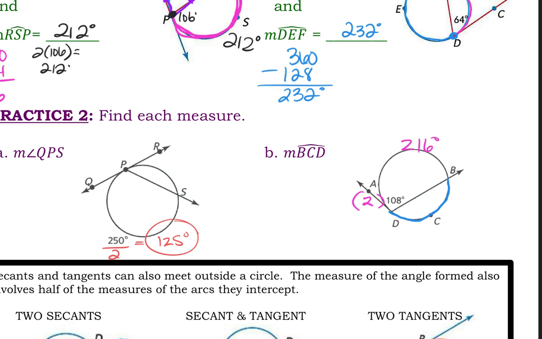So if that's 216, how did we find the other arc? Subtract it from 360. So 360, take away 216, what would our difference be? 144. Everyone get 144? Good, all right.